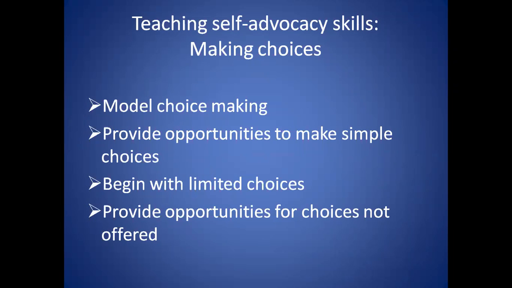You just draw a dot, just make a mark. And you limit those. Don't give them so many choices it becomes overwhelming. And if the student or learner comes up with an option that you did not think of, make sure that there is a way that that can be offered as an option.